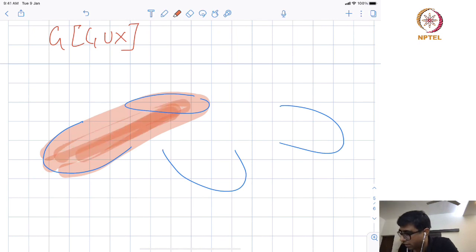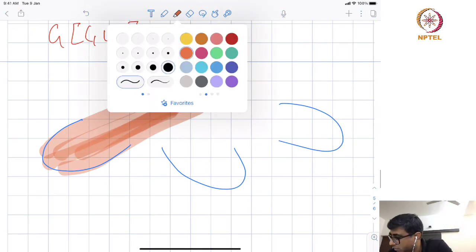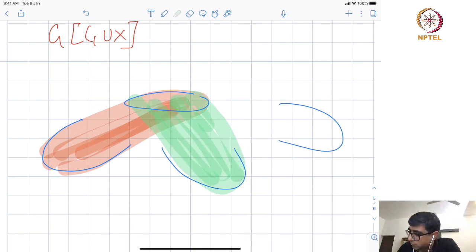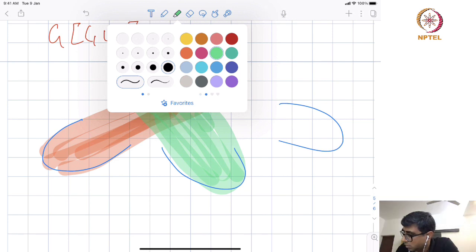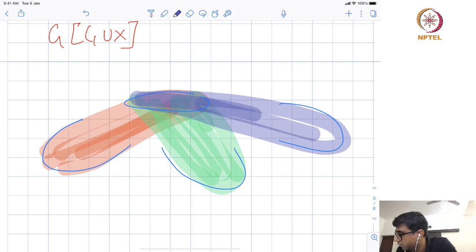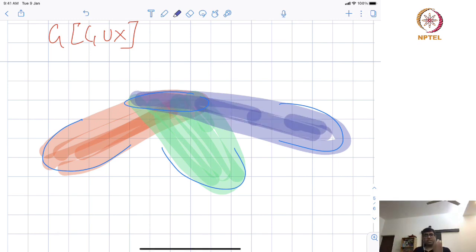Let's decompose this piece of graph. Let's decompose this piece of graph. Okay. And what is common to them is the set X. Once we have been able to decompose these pieces, we will put them together.